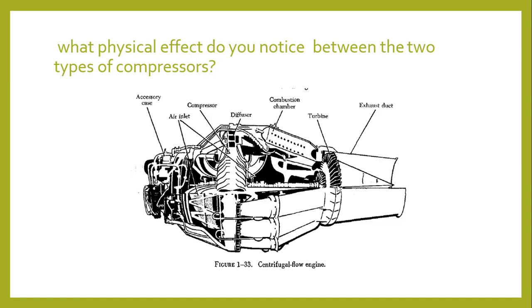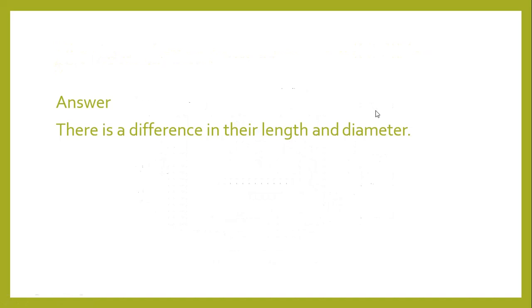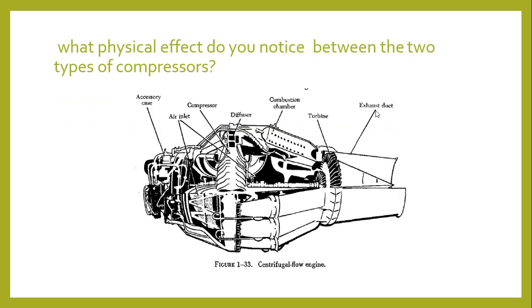We have the accessory case, the air inlet, the compressor, diffuser, combustion chamber, turbine, then the exhaust duct. You notice there is a difference in the length and diameter of centrifugal and axial, whereby the axial compressor is long in length and smaller in diameter compared to the centrifugal.